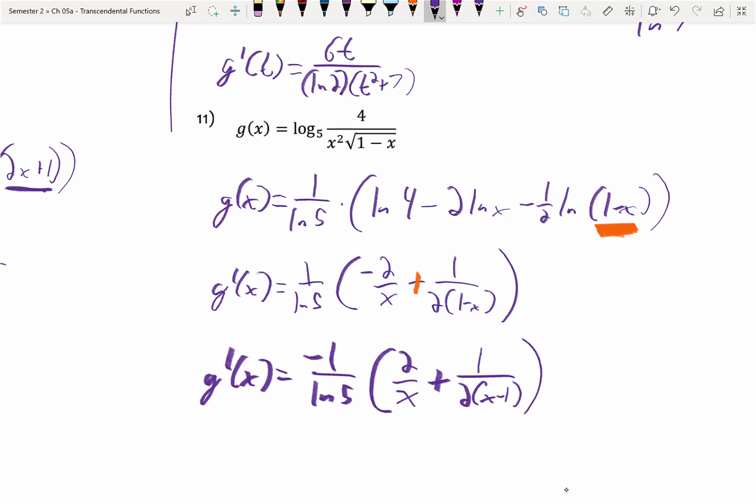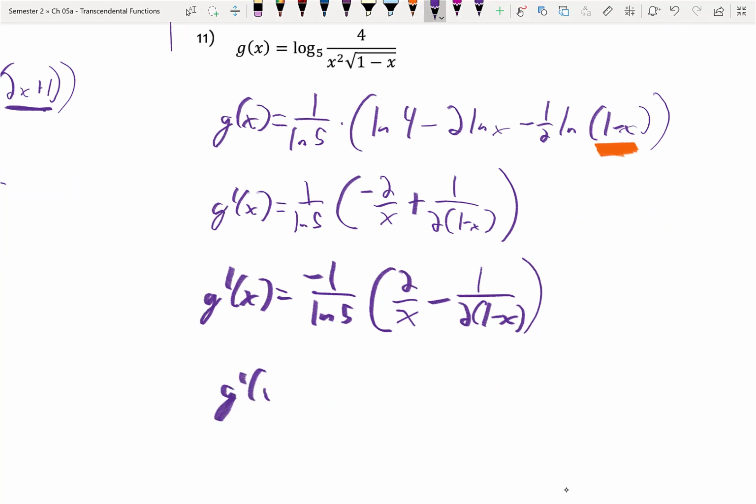Just makes it cleaner. This was plus right here. When I pull the negative out, it becomes a minus, but then when I switch this from a 1 minus x to an x minus 1, it becomes a positive again. Like when I write it like this.